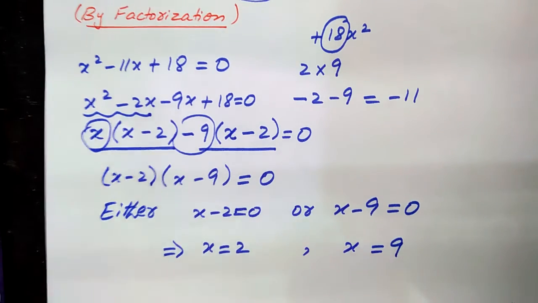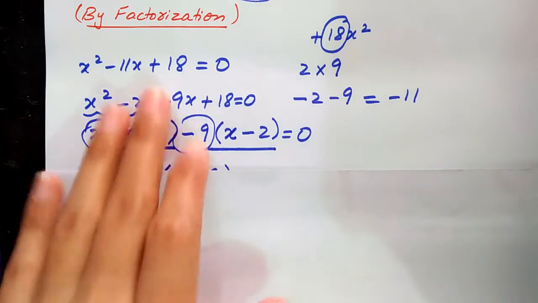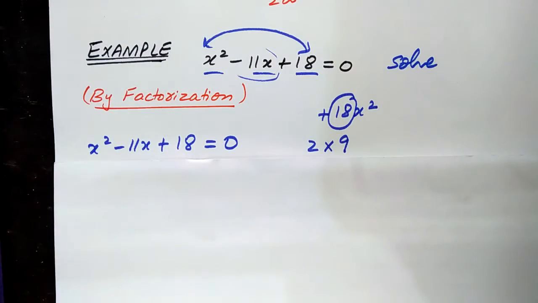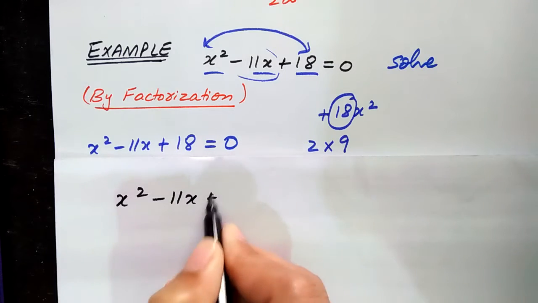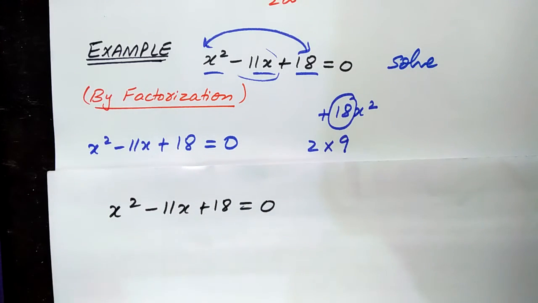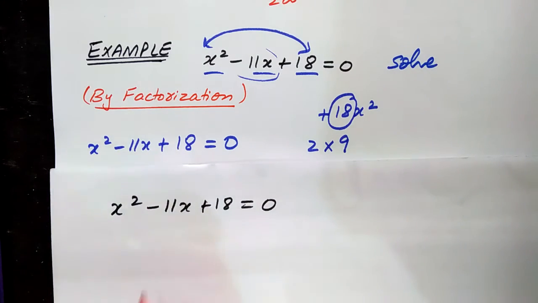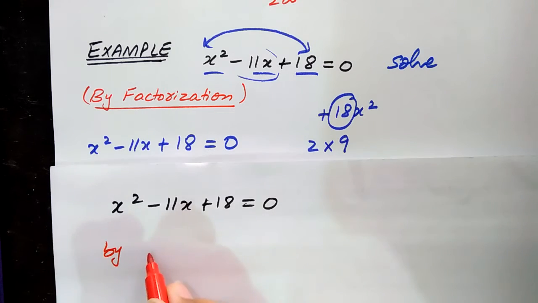Now we want to solve it using the quadratic formula. I am taking the same question, that is x square minus 11x plus 18 equals 0. I want to solve it using the quadratic formula.